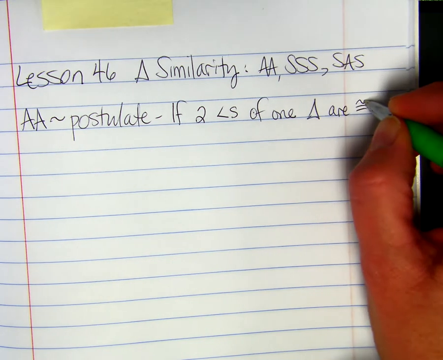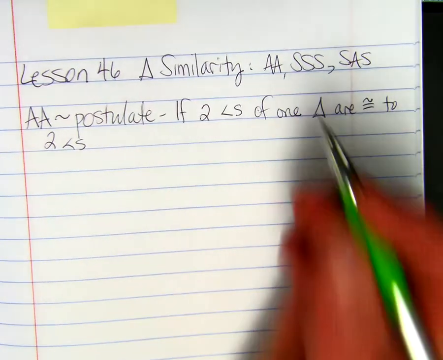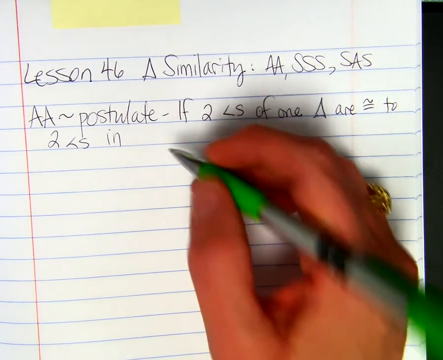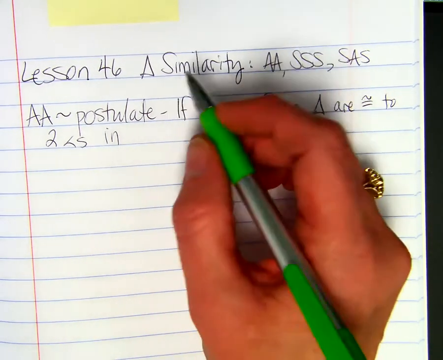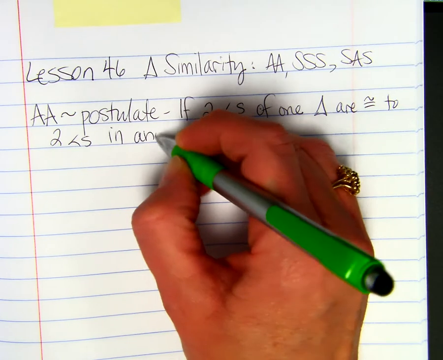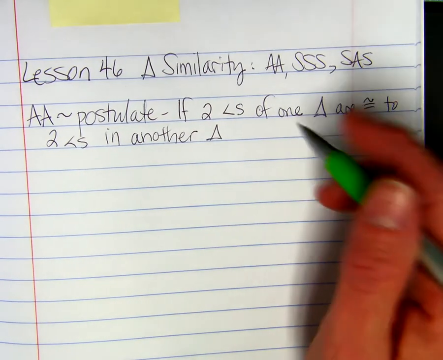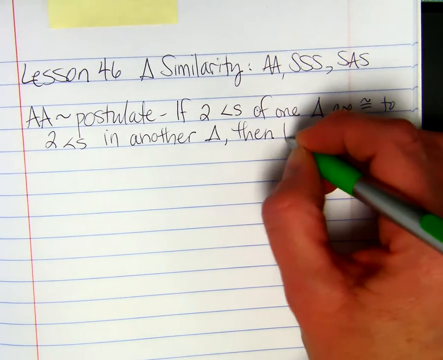Okay. So in similar triangles, all three angles are congruent and the sides are proportional. If that's all you know, that the angles are congruent, then all you know is that they're similar. You only need to have two angles congruent to show that they're similar?